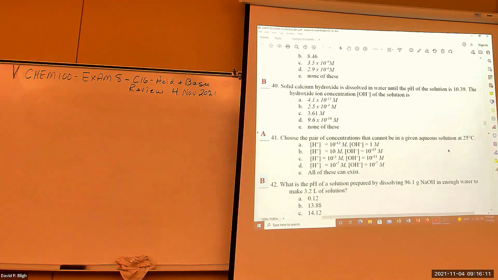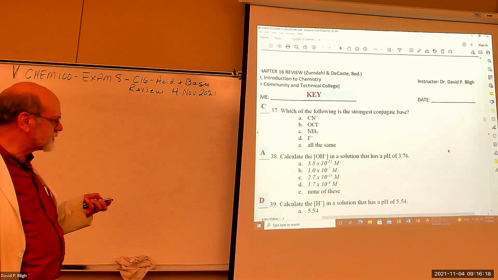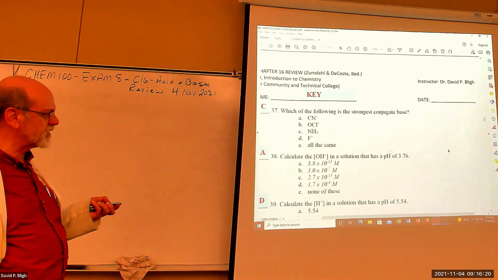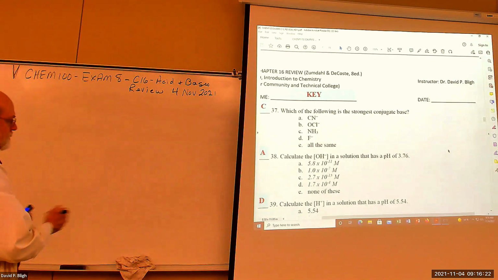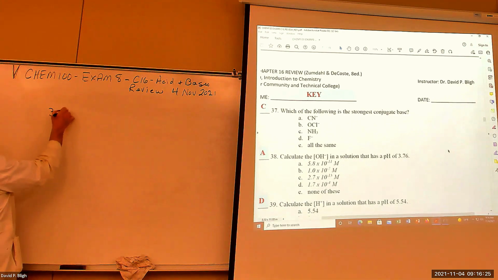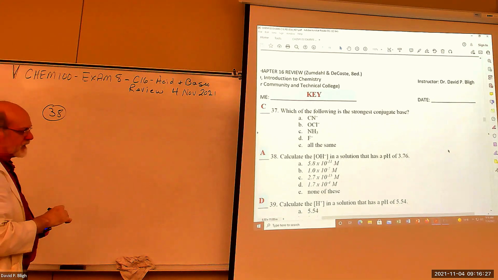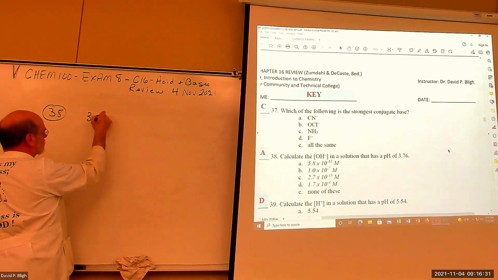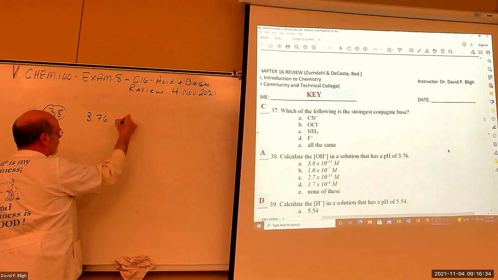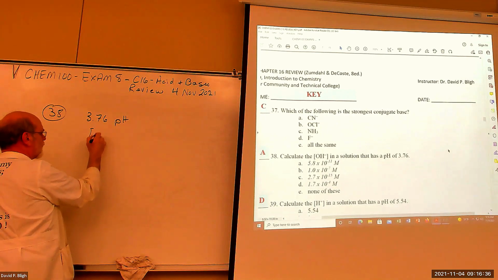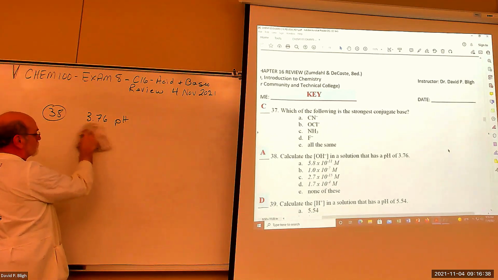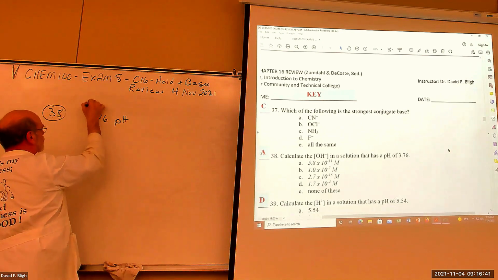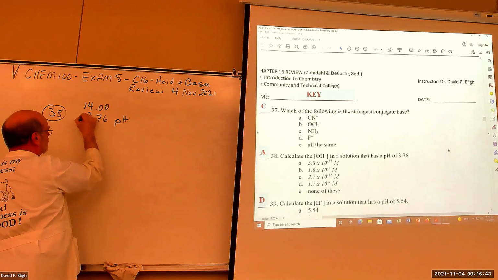All right, let's see. Did I skip one that I wanted to do? Yeah, let me go back. 38. What's the OH concentration in a solution that has a pH of 3.76? All right, we've done several like this. If you know the pH is 3.76, then you can calculate the hydrogen ion concentration. Actually, it'd be simpler to do this. 14 minus that value.